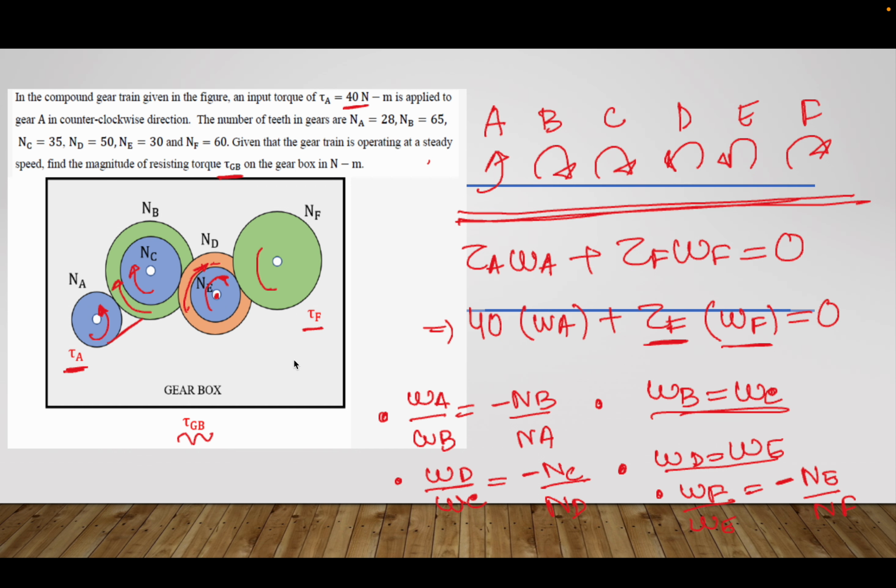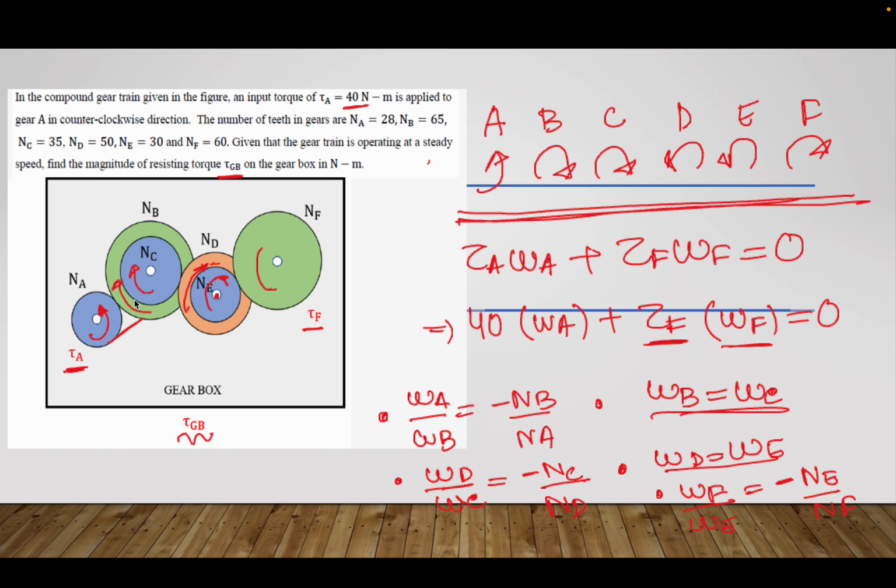First, in the power equation, we have tau A omega A plus tau F omega F equal to 0. Tau A has been given to us, but omega A and omega F have not been given, so we need to find them. We can do so because we have the number of teeth for each of the gears.